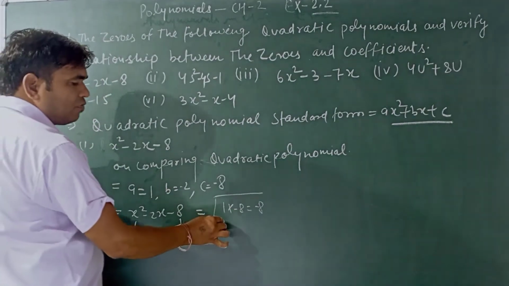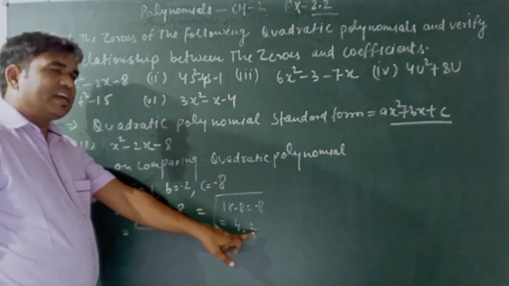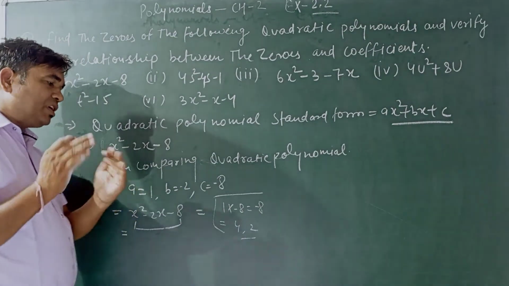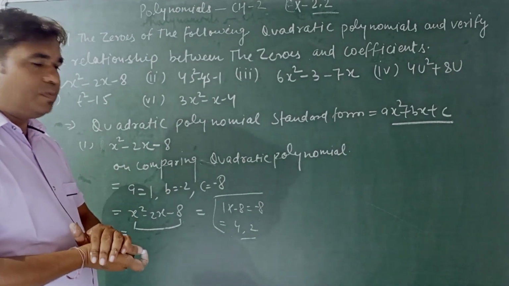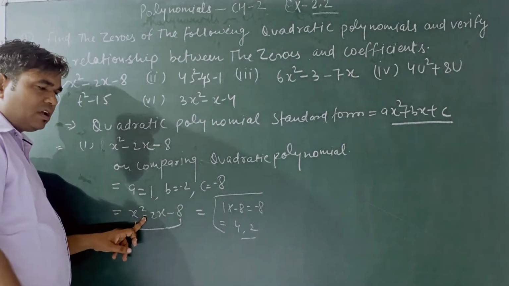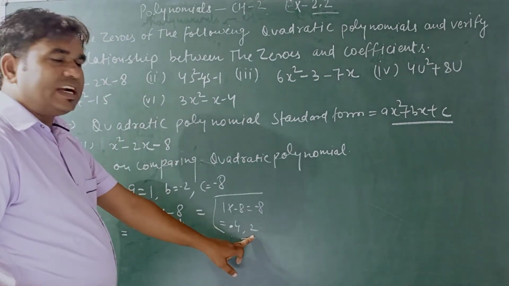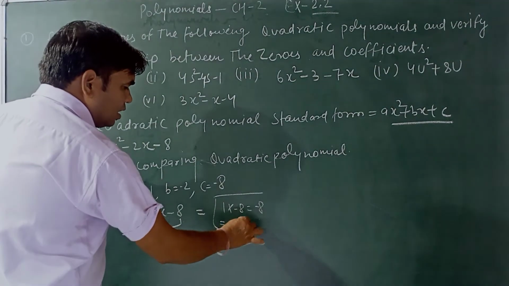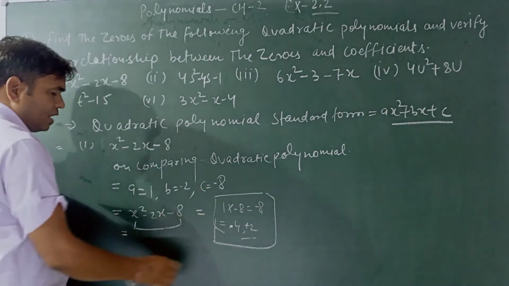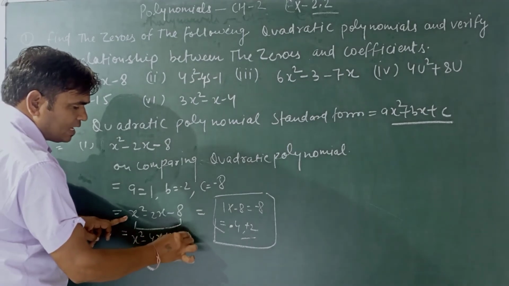The factors should be 4 and 2, whose product is 8, where the bigger number is negative and the other is positive. So we write x square minus 4x plus 2x minus 8.